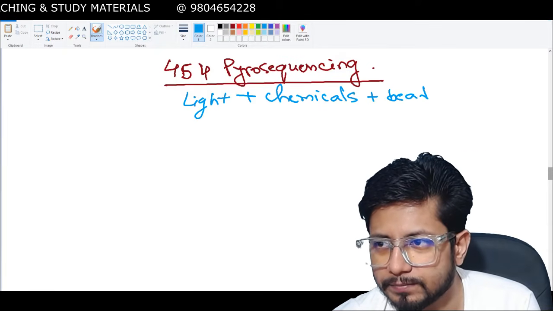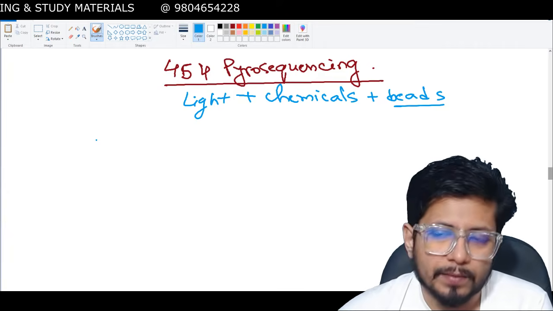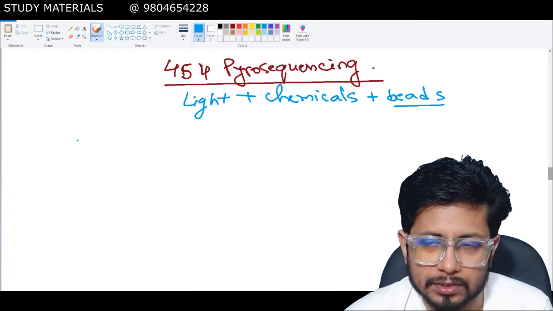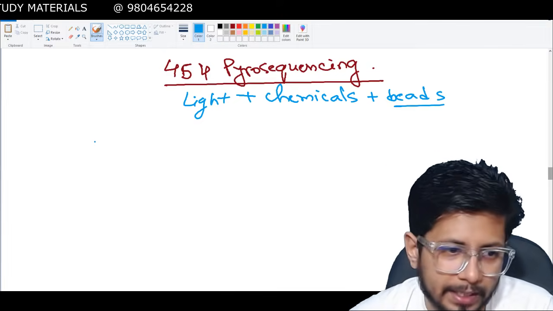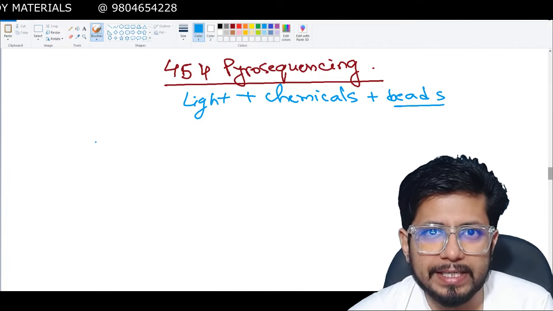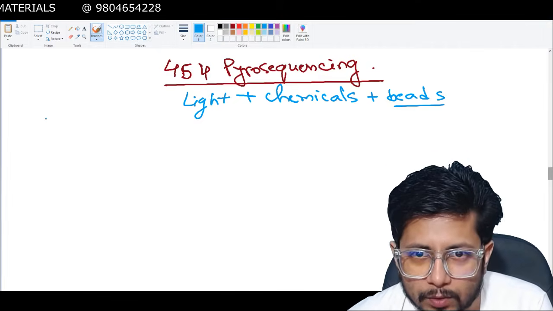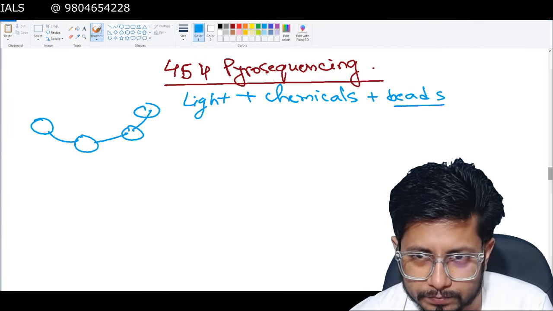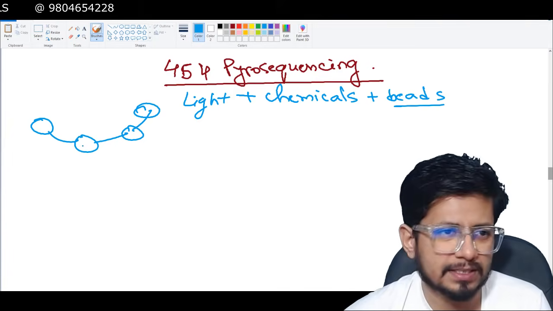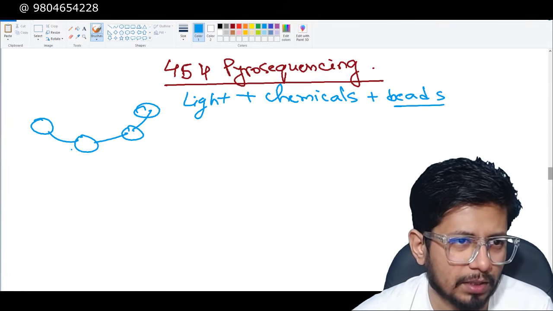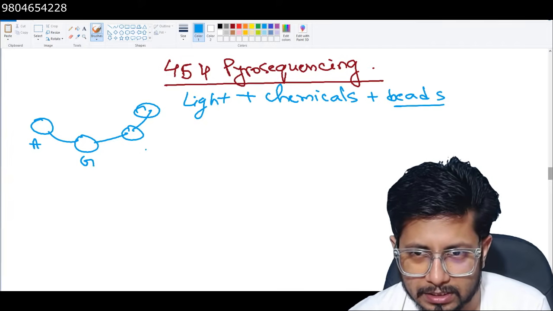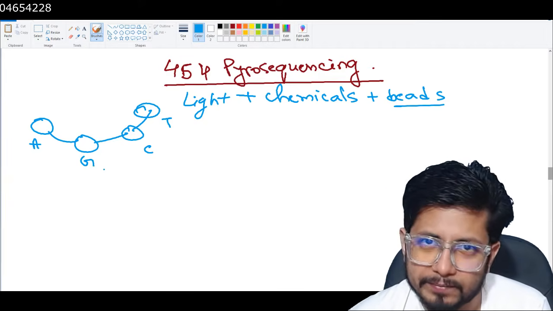Now, when we talk about 454 pyrosequencing, I always tell the students to think of one thing: our whole genome, the DNA, is built with the 4-letter sequence that are out there: A, G, C and T, right?